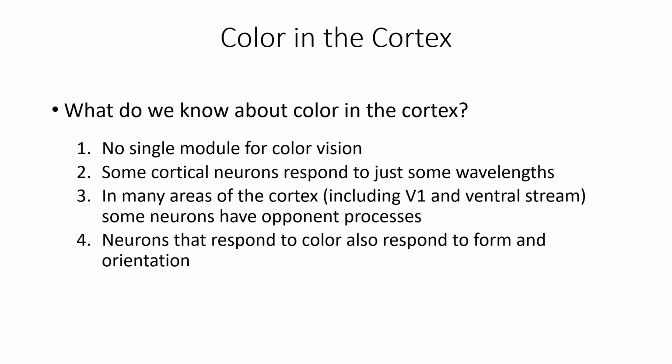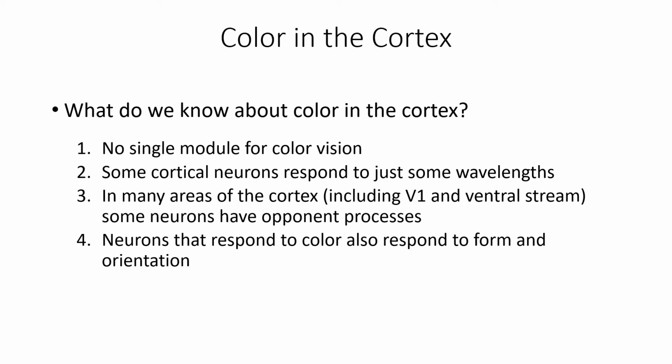We know that there's no single module for color vision. We are seeing cells that are responding to color all the way from those retinal ganglion cells through the lateral geniculate nucleus to V1 to V4, and they go into the inferior temporal cortex to help us understand what objects are, but there's not a single module for color vision.